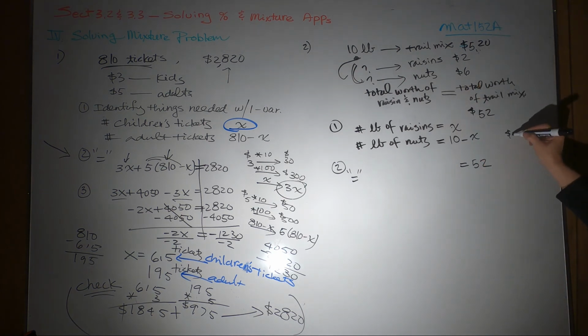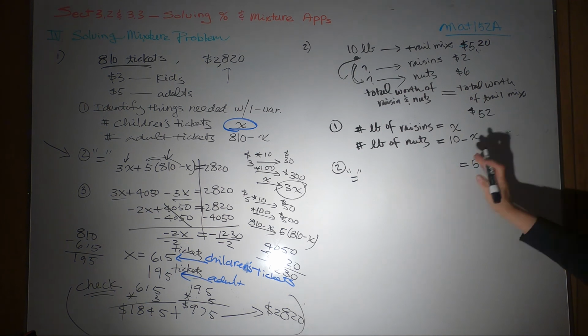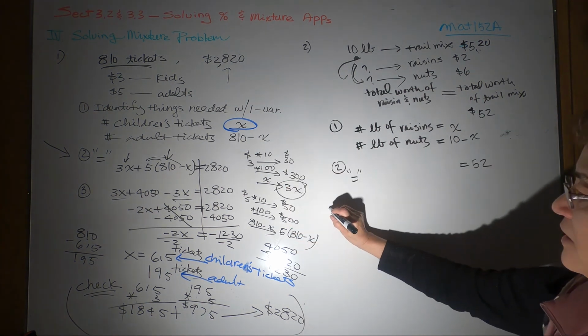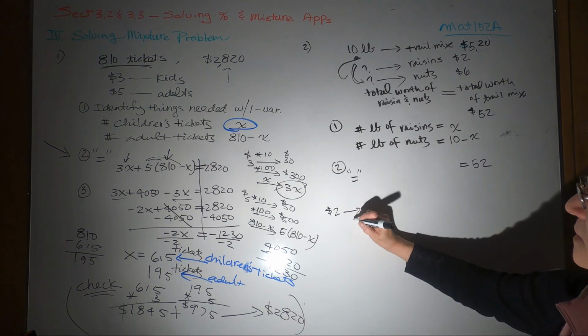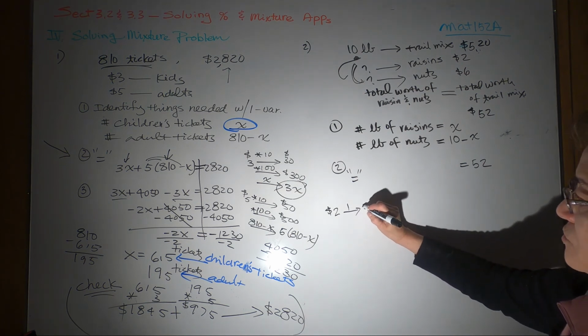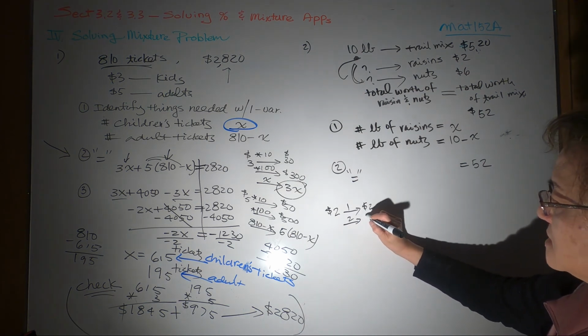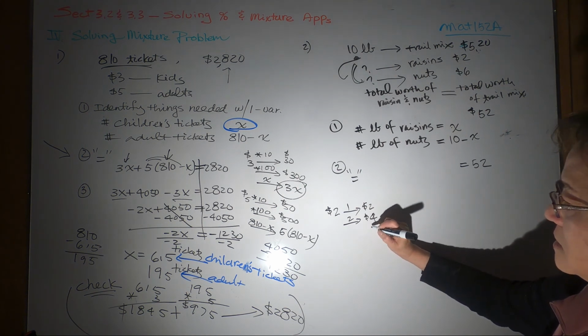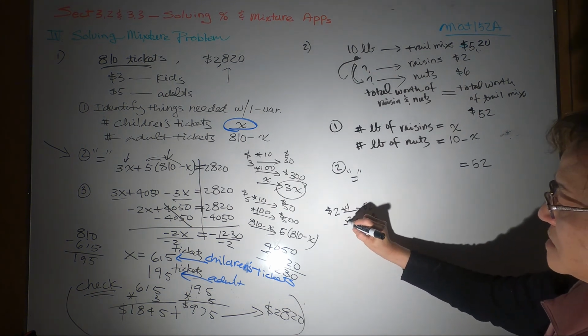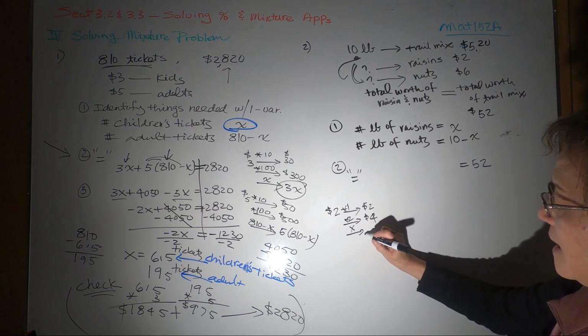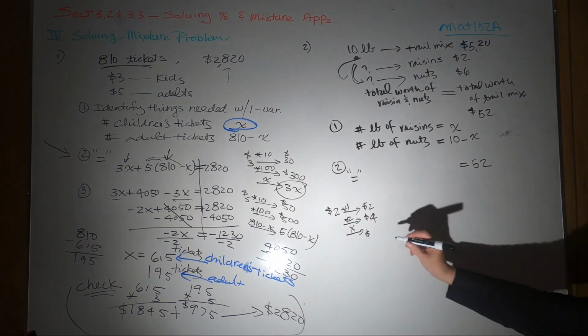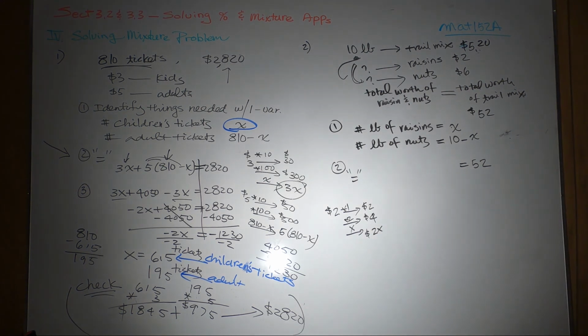If 1 pound is $2, 2 pounds would be what? $4. How did you get that? You multiply, right? If X pounds, how many dollars? That would be 2 times X. Is that right?